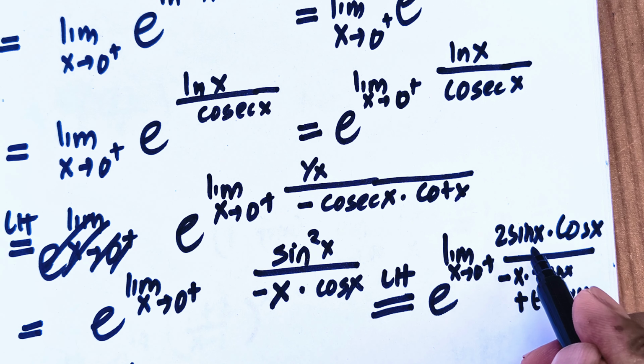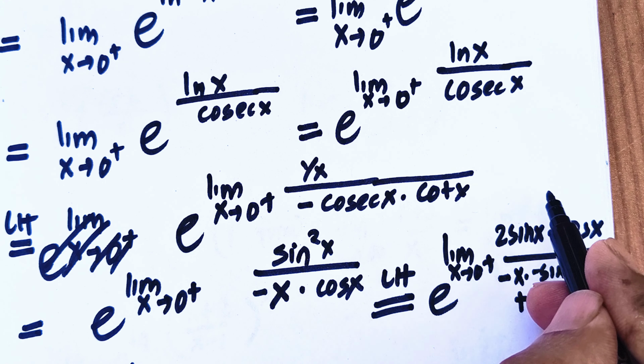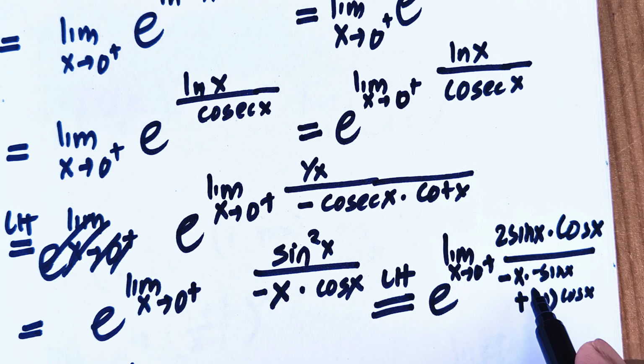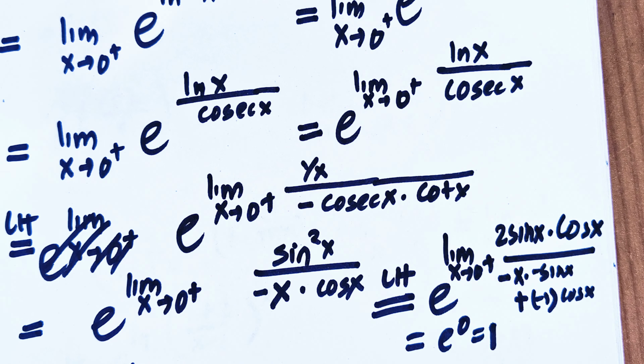Now let's plug in x equals 0. Sin 0 is 0, cos 0 is 1, so top becomes 0. Bottom we have 0 times 0 plus 1 times 1, cos 0 is 1. So this becomes 1, 0 over 1, which is e to the power 0, which is 1.